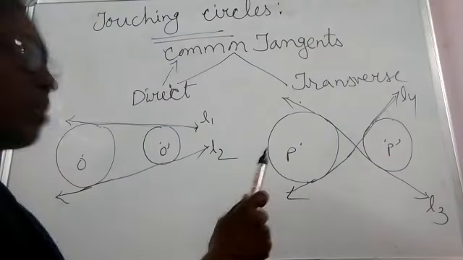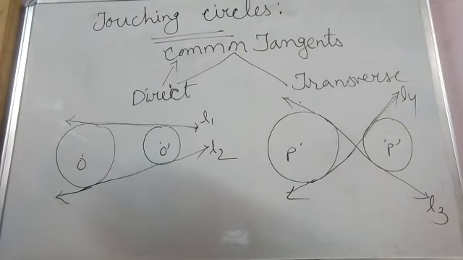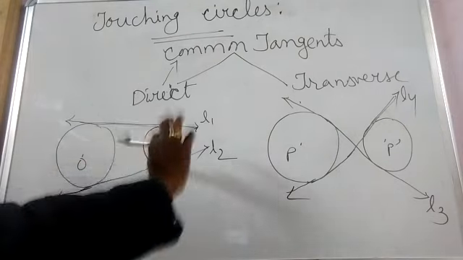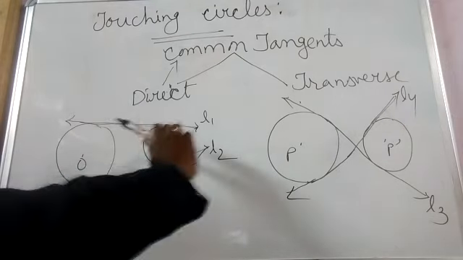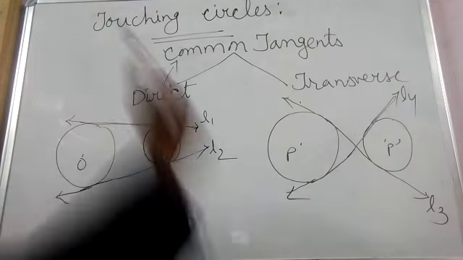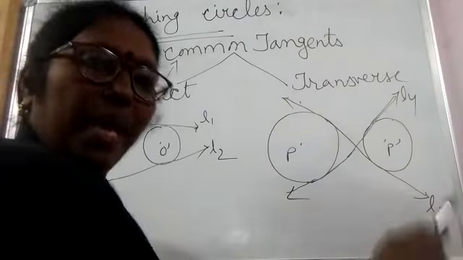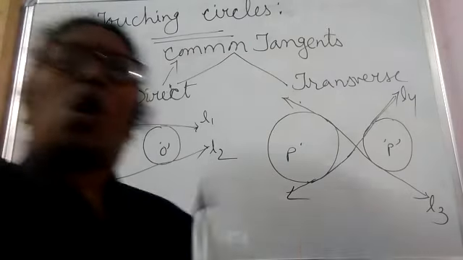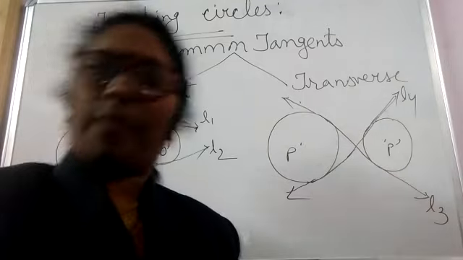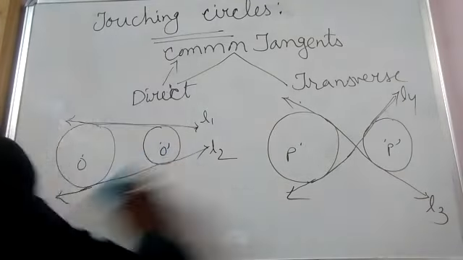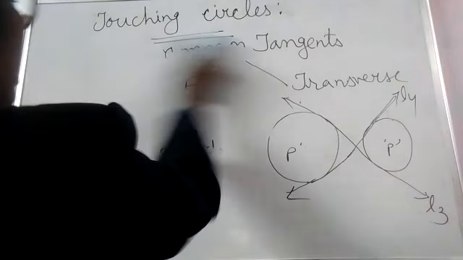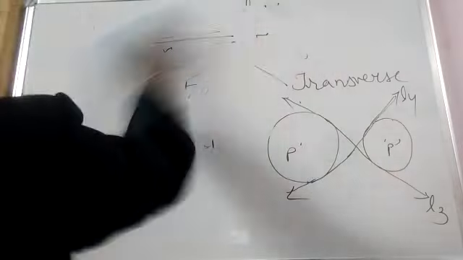So what did you understand? Direct common tangent means the tangent has both the circles on one side of it. Transverse common tangent means the circles will be on either side of it. Okay? Now, let us have a theorem related to this.